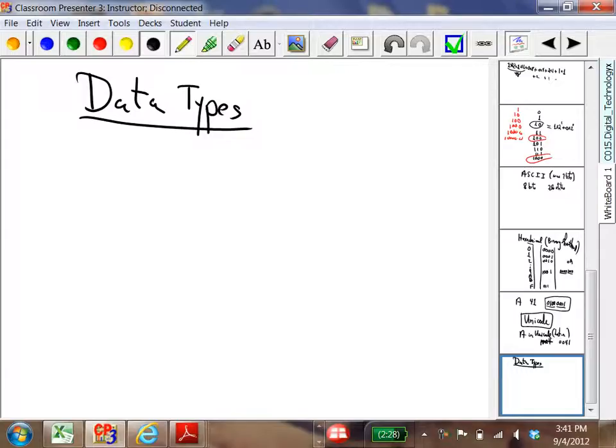Now, there are elementary data types, and then they're complex, I guess.